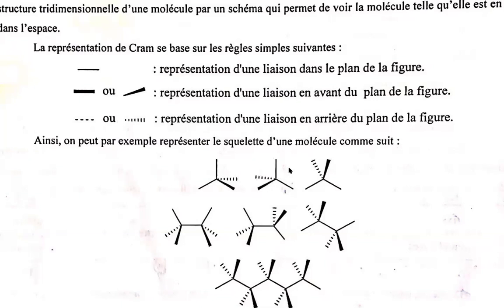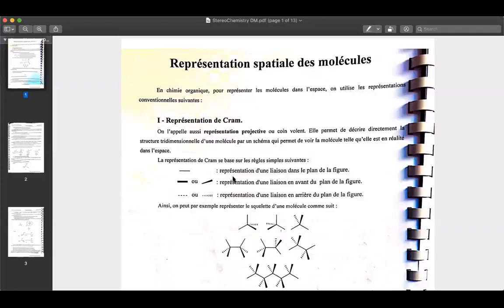It represents the liaison en avant, the one that is in front. It's facing you. So what I'll do is look for an image on the internet to show you what I mean by avant and derrière.